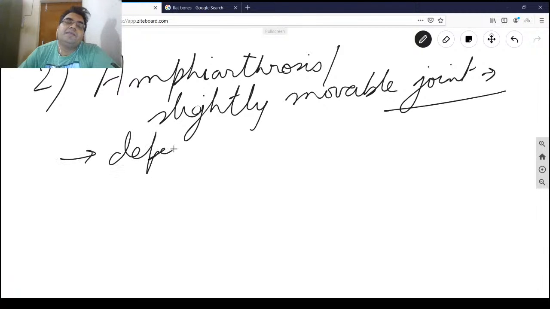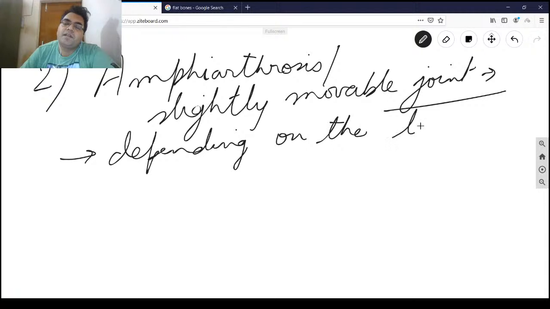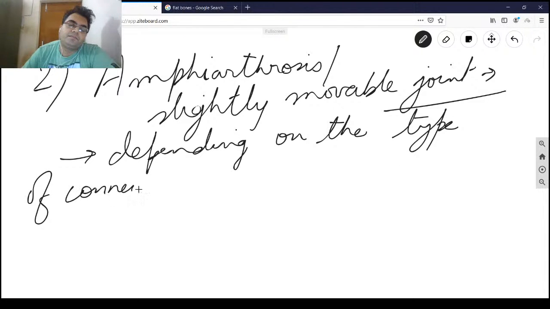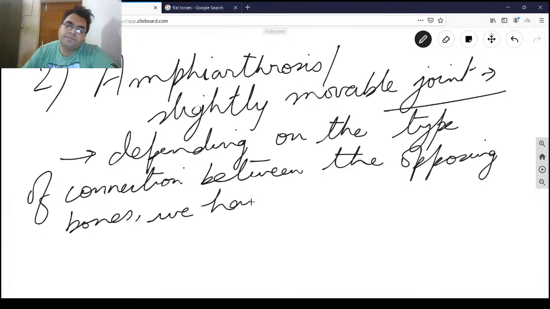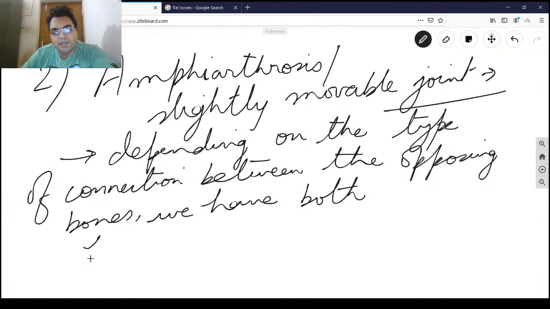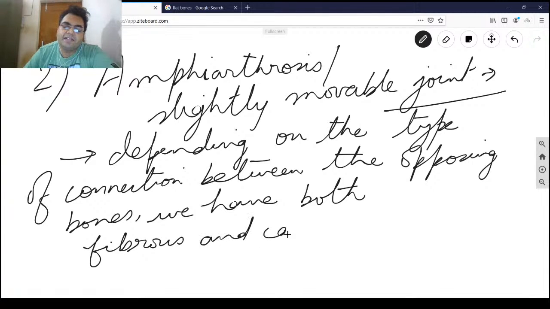Depending on the type of connection between the opposing bones, we have both fibrous and cartilaginous.